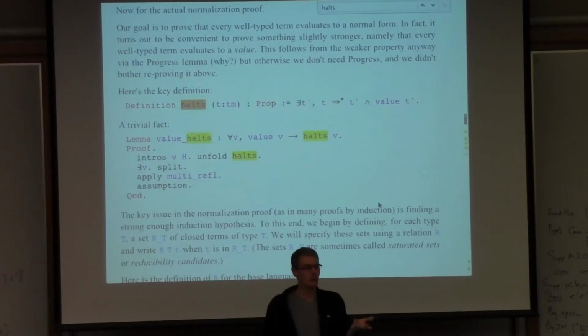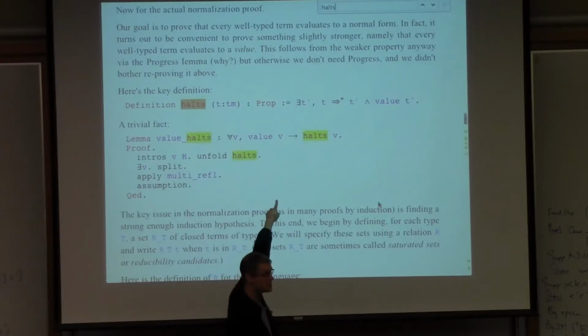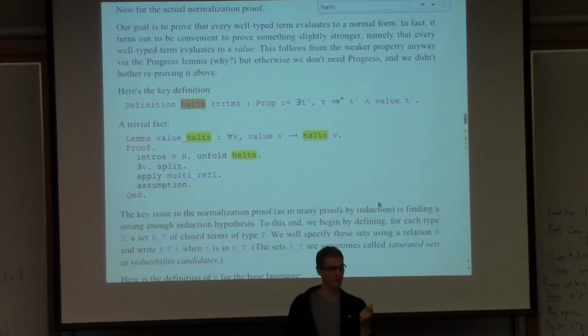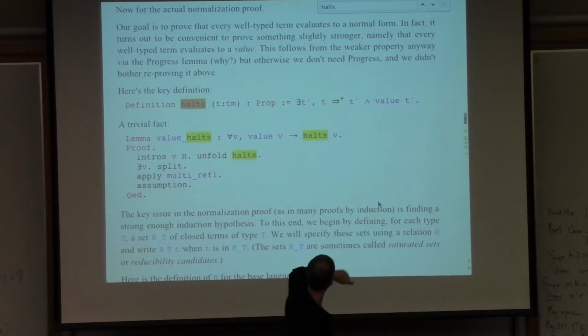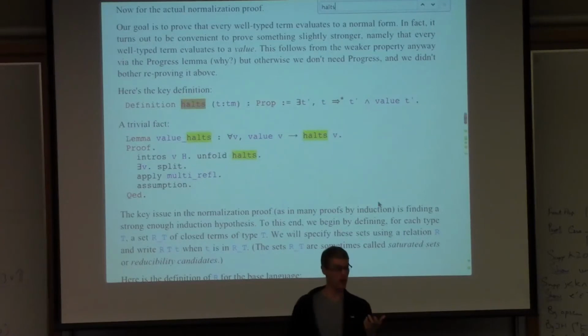I can define a different one that lives in Type. To do that, I'm going to have to do a little bit of work because this existential quantifier here is also a Prop. I can define a different existential quantifier that lives in Type. Oh, but the body of this existential quantifier is a conjunction. That lives in Prop. Oh, but I can define another conjunction that lives in Type. In fact, I already did that. It's called pairing.